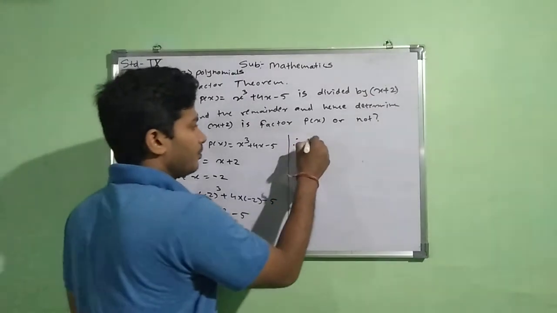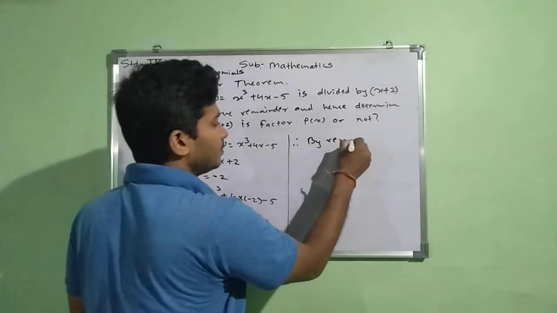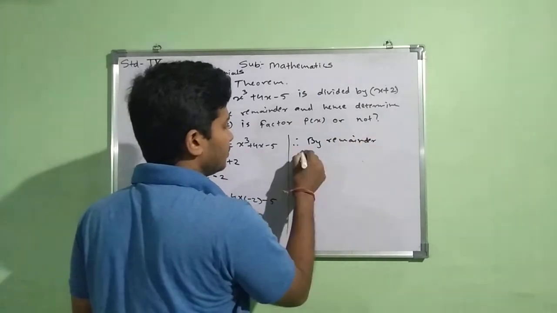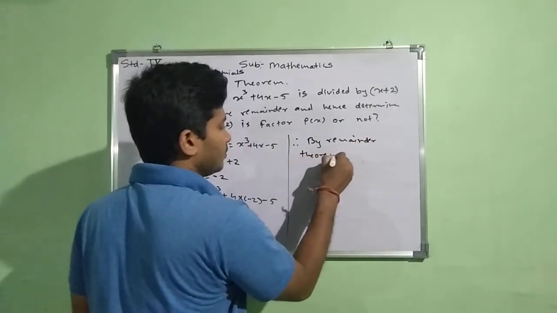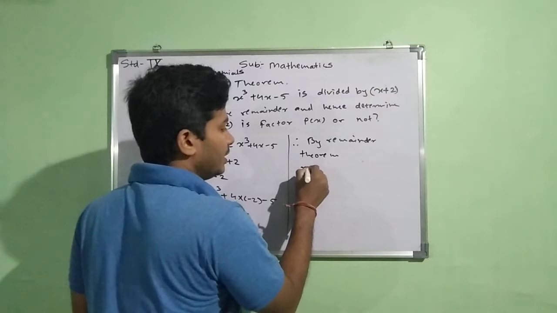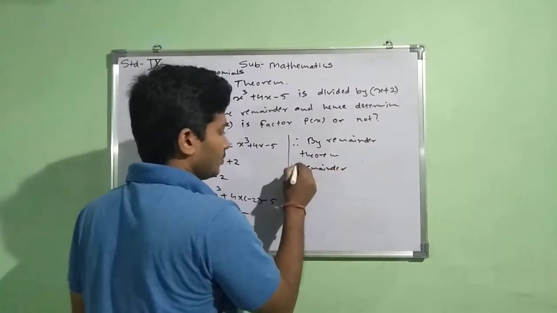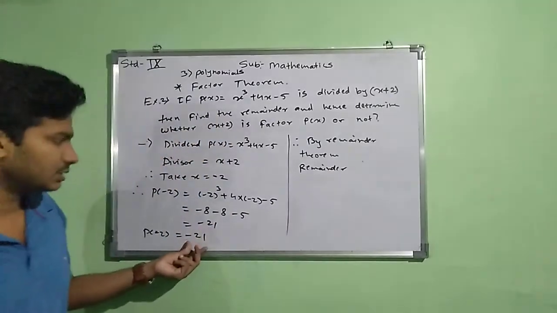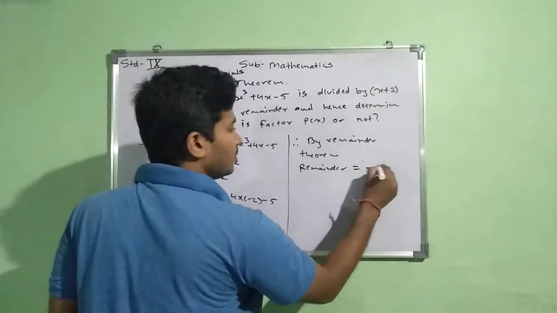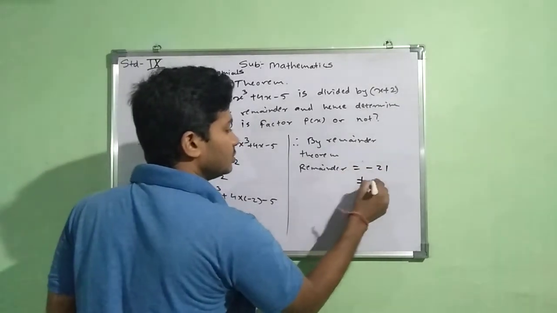Therefore by remainder theorem, remainder is whatever value we have got here, that is our remainder. Therefore remainder is equal to minus 21, which is not equal to 0.